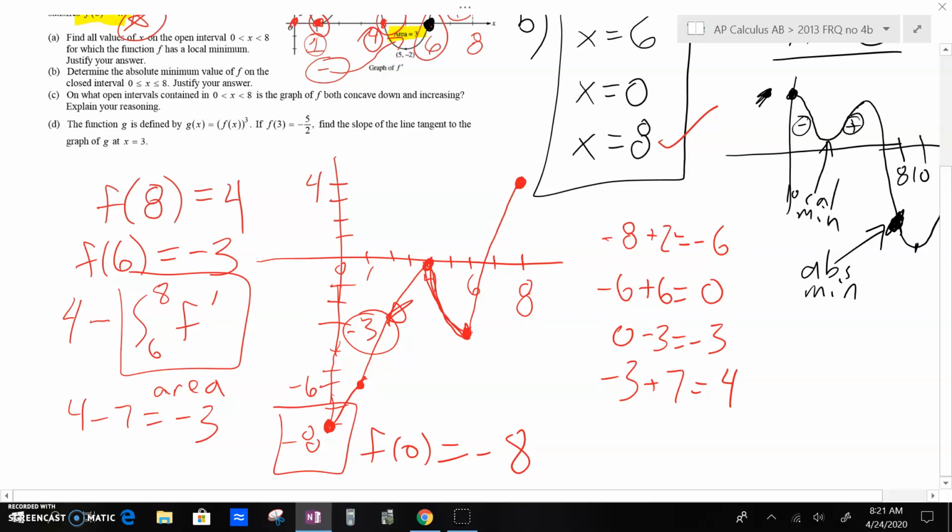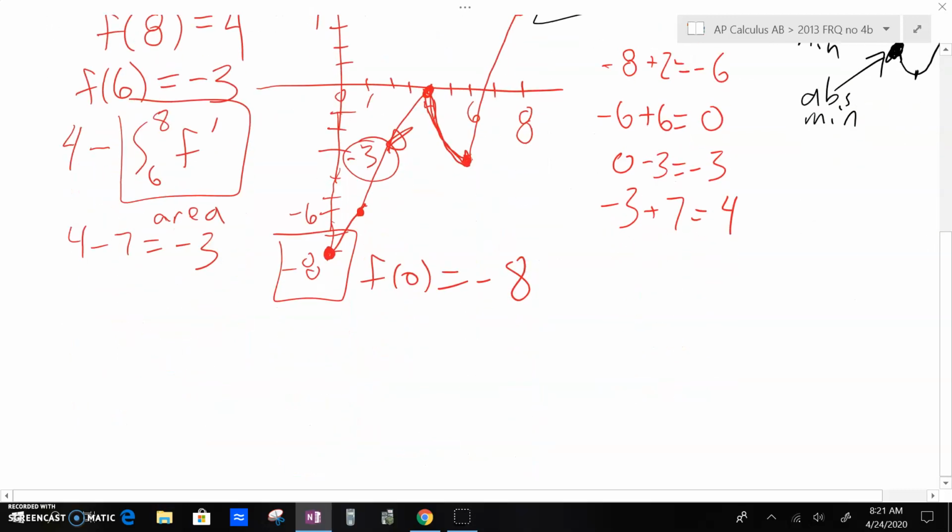In terms of what the AP is expecting you to do on this to show work, you would say, okay, well, f of 8 we know is 4. From that, I'm going to subtract the integral from 0 to 8 of f prime.